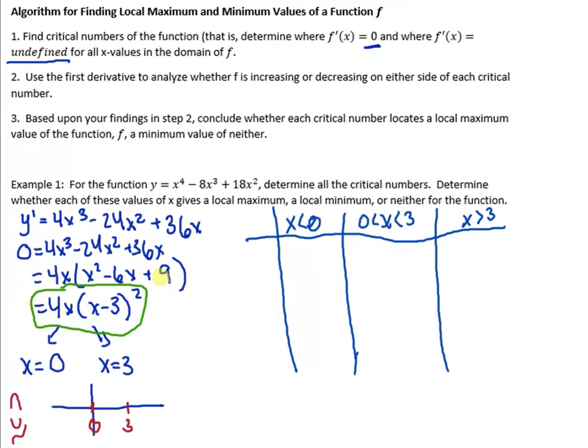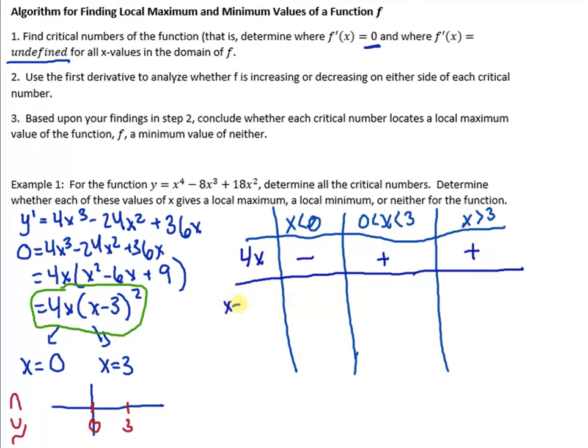So in other words, when x is less than 0, when we sub in any of those numbers into 4x, does it give us a positive number or a negative number? Okay, so let's analyze everything at 4x. When we sub in a negative number there, we get a negative. When we sub in a positive number, we get a positive. Okay, that's easy.